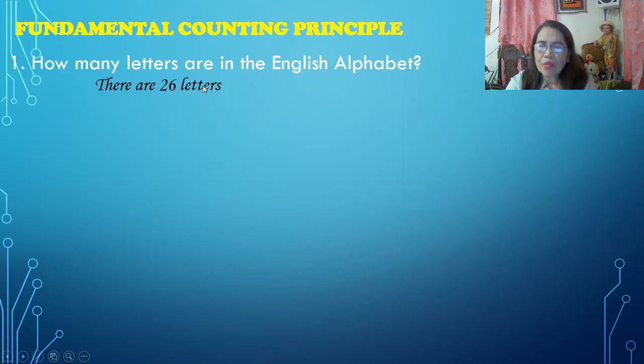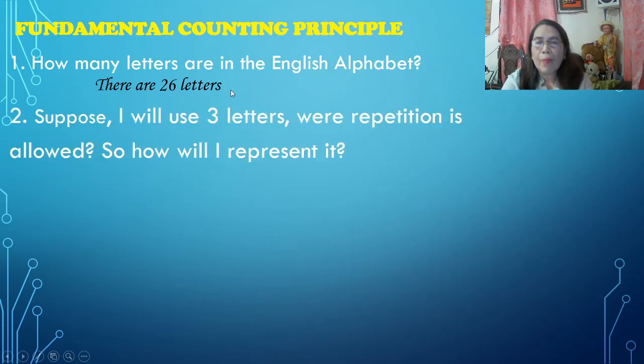So, yung mga tanong na ilang letters ang gagamitin, uulitin ba yung letters o hindi uulitin ang letters? Yung mga ganong type of questions, you can use fundamental counting principle. Okay, so suppose I will use 3 letters where repetition is allowed. So, how will I represent it?